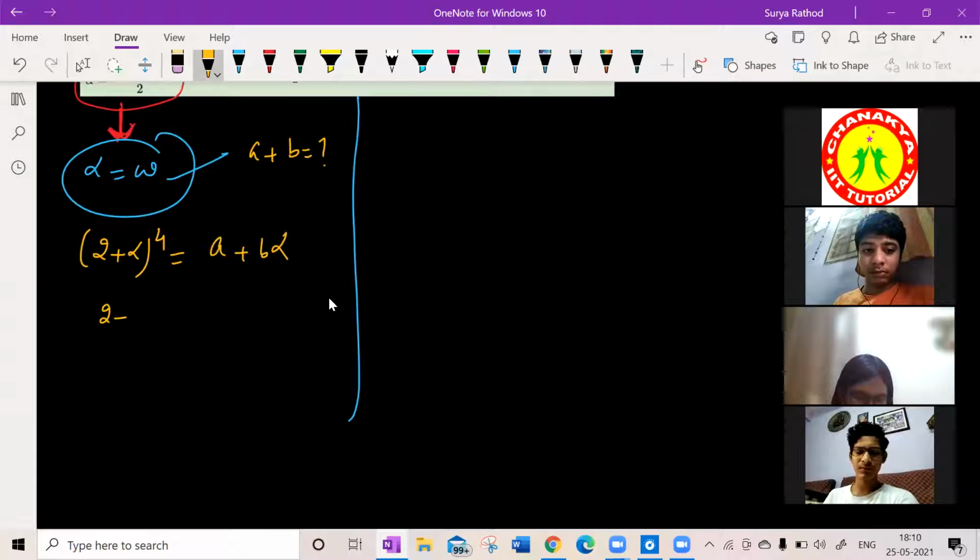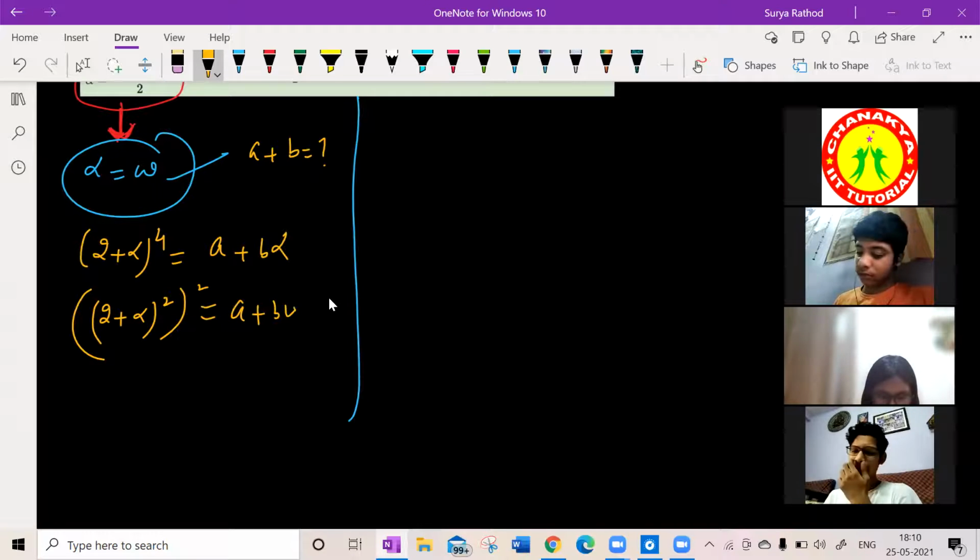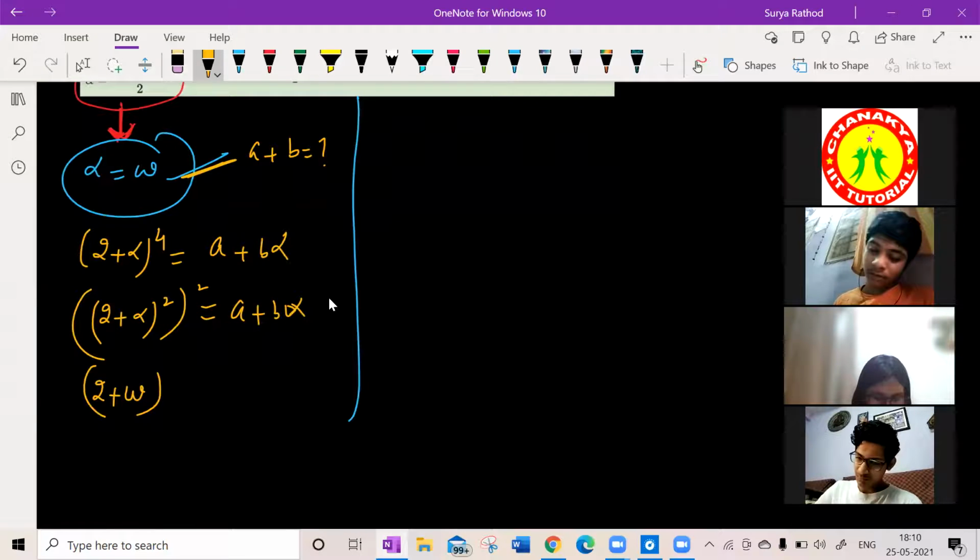Can I write it like this, (2 + α) to the power of 4, as ((2 + α)²)²? I know the formula, but it takes time to solve, right? So in place of α, let us substitute ω. Why? Because α is equal to ω. So we get (2 + ω)² whole squared.